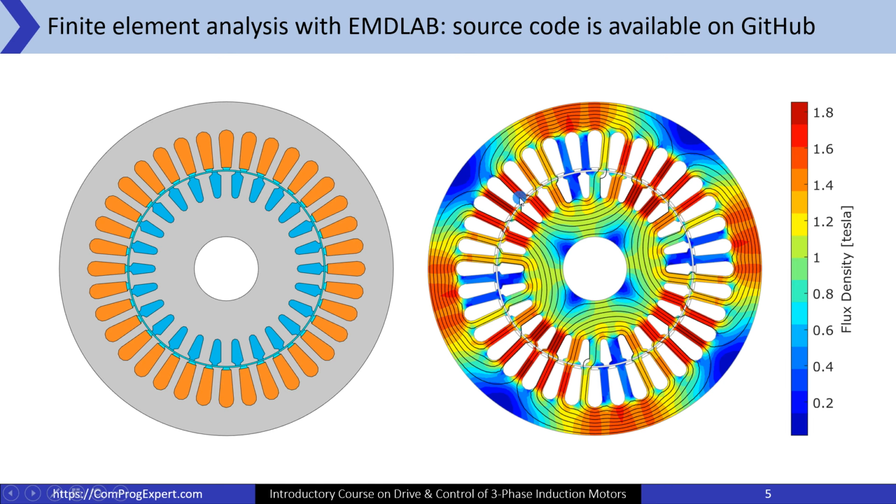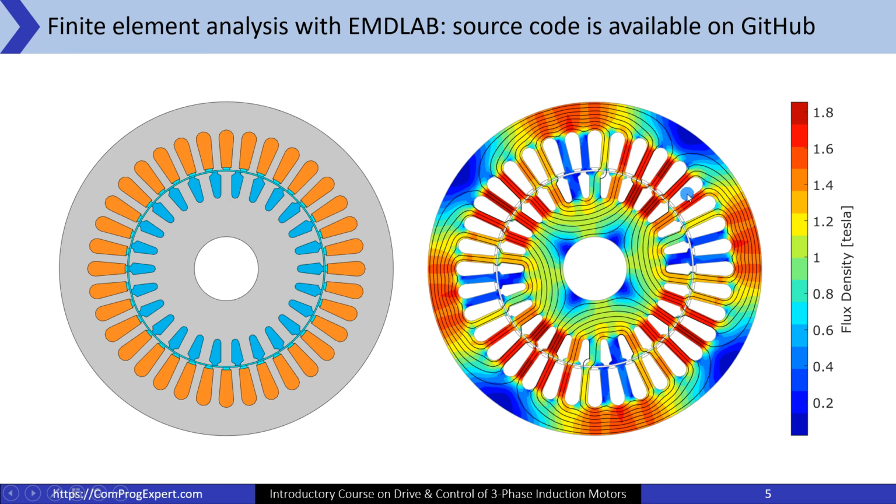I did this simulation using EMDLab, and the source code of this simulation is available on GitHub. You can download it and run it in MATLAB to visualize this image. So this is the 2D cross section of the benchmark induction motor that I have. The number of stator slots is 36, the number of poles is 4, and the number of rotor bars is 26.